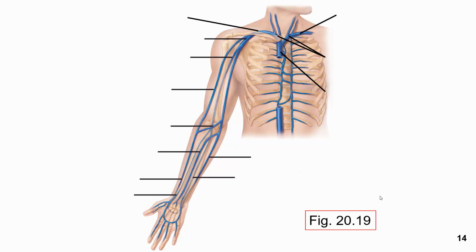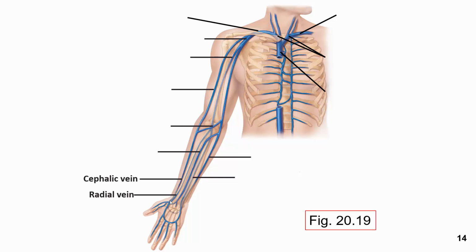When we take a look at the upper extremity, we'll start on the distal end. Here you see a number of veins of the fingers and the palm, and that blood will drain into the radial vein.